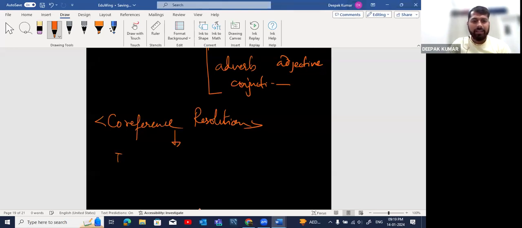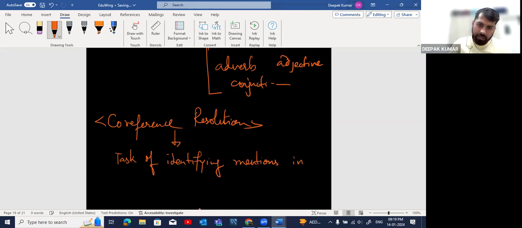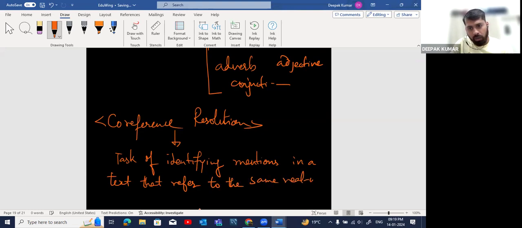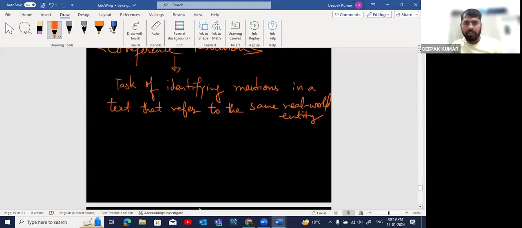It is the task of identifying mentions in a text, mind it, in a text, that refer to the same real world entity. What does it mean? Let me explain.